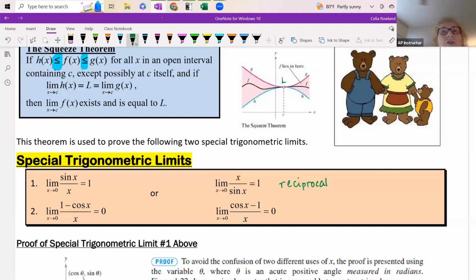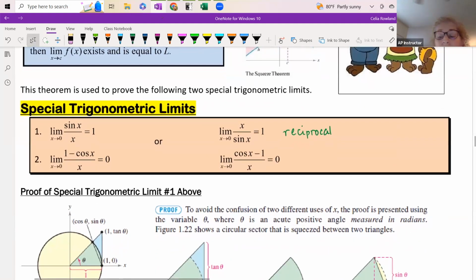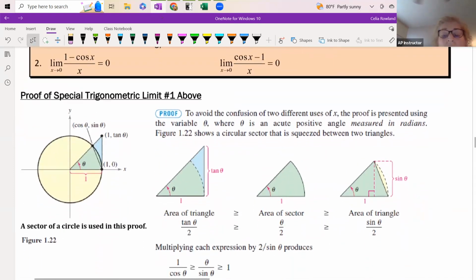Now, we will eventually do L'Hopital's rule, I think unit 3 or unit 4. When we take derivatives, we'll actually be able to prove this, okay? But we're going to do it with a geometry proof right now, all right?